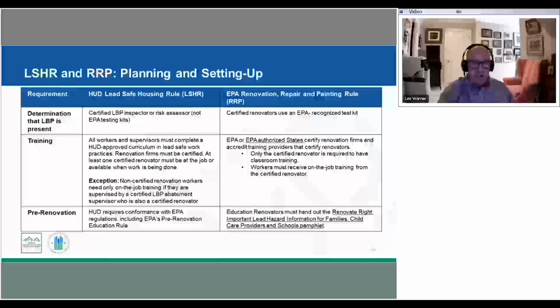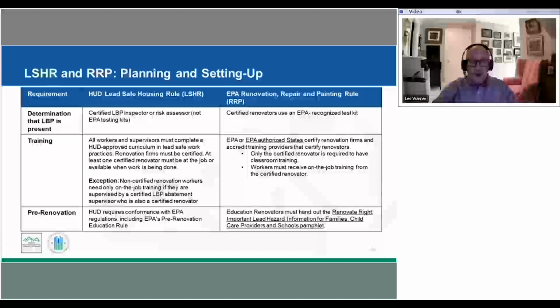I wanted to talk a little bit about some of the planning requirements and point out differences between the Lead Safe Housing Rule and the RRP. Generally, the Lead Safe Housing Rule is going to be more stringent.